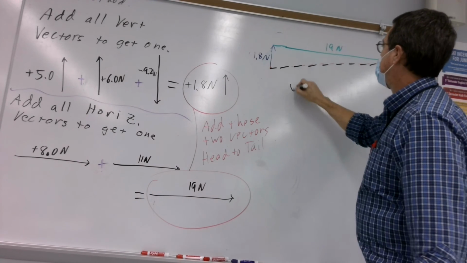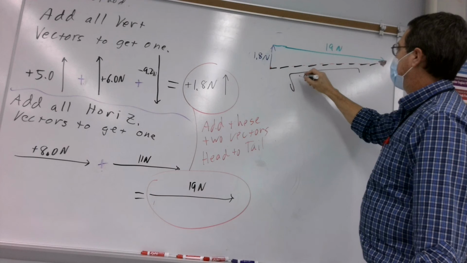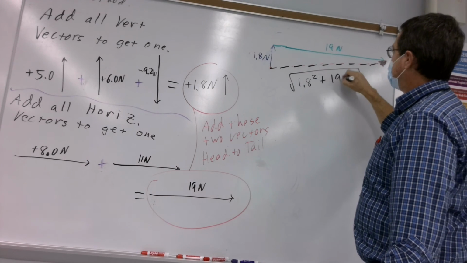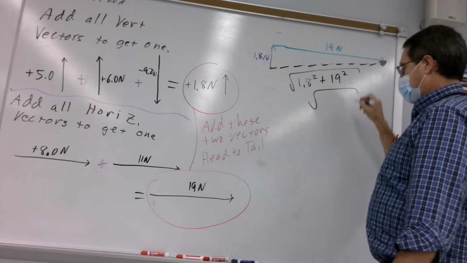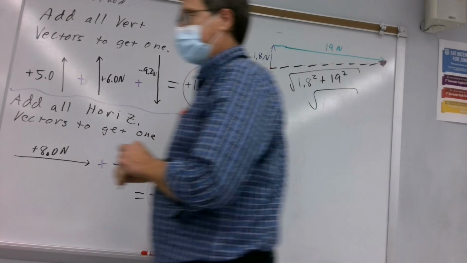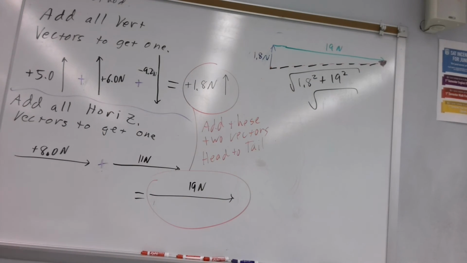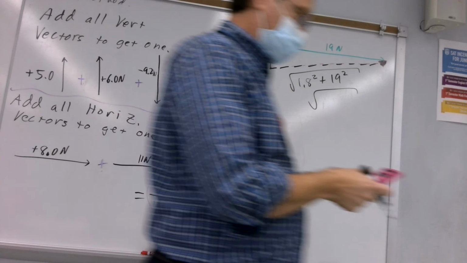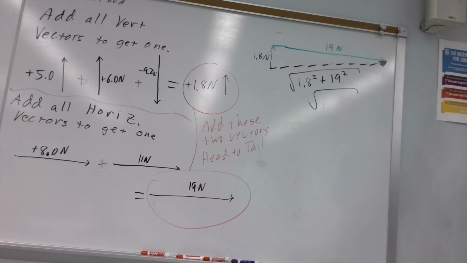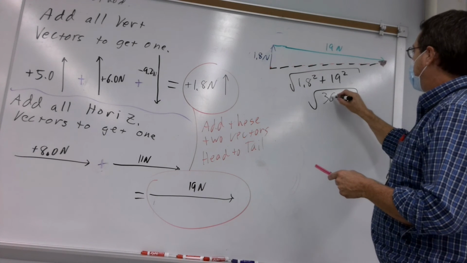All right, it's going to be the square root of 1.8 squared plus 19 squared, isn't it? And I believe that's the square root of, let's go ahead and process that out. I believe it's 364. 1.8 squared plus 19 squared is 364.